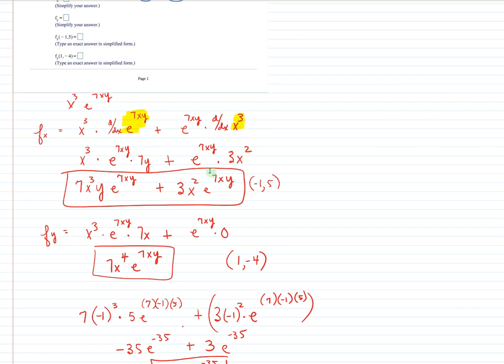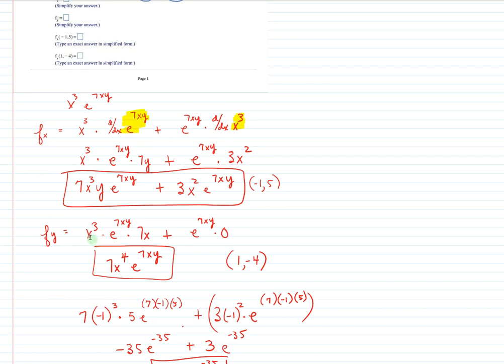Then we clean that up, so the 7 can go in the very front: 7x cubed y e to the 7xy, plus, we usually put the number in front, 3x squared e to the 7xy. And then you plug in the negative 1 and 5, and we will get our answer.